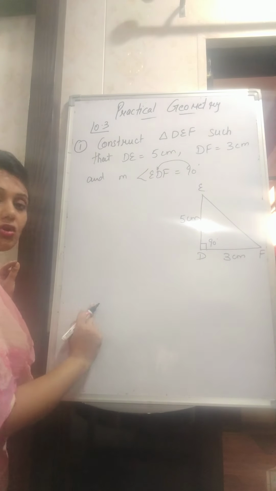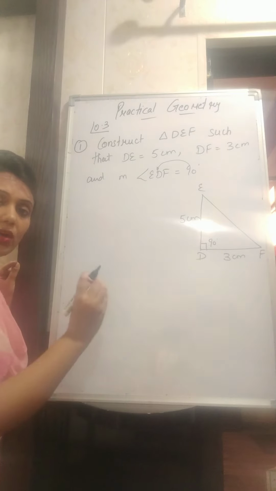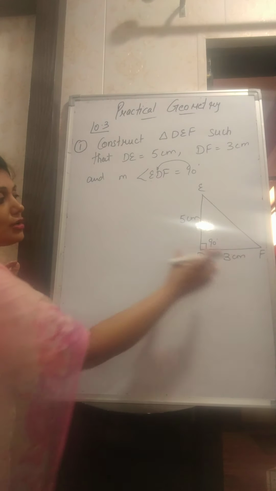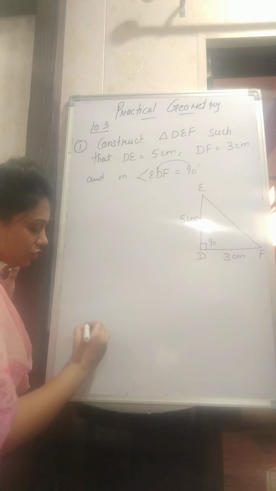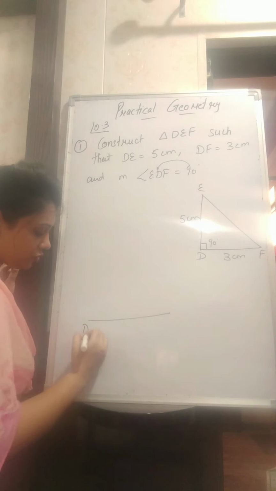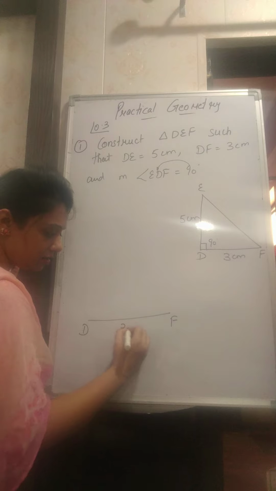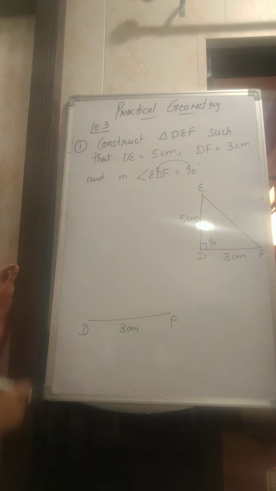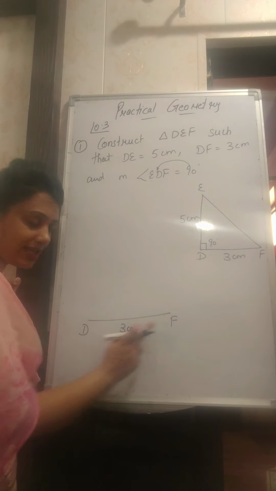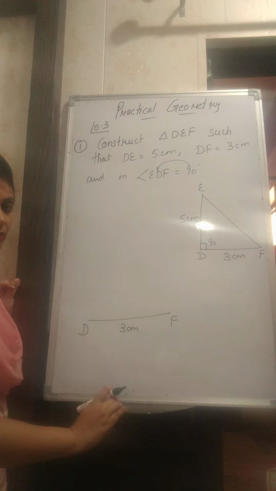You cannot draw a baseline without any measurement, right? So now here in this question, DF is 3 centimeter. So first of all we will draw a 3 centimeter line segment by using a scale, right?